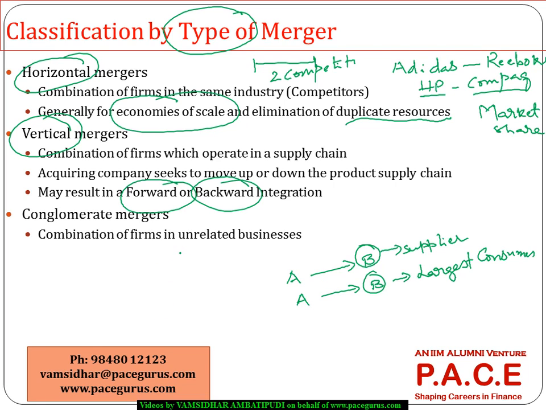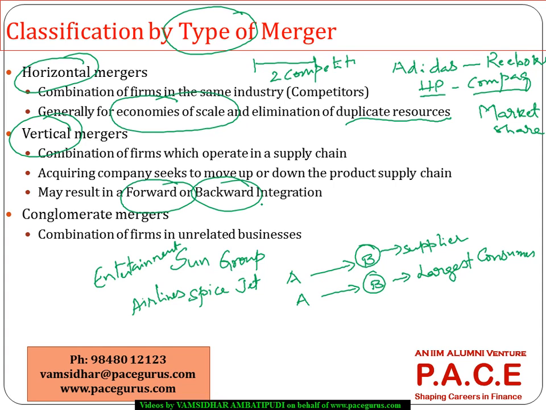Probably the Sun Group acquiring SpiceJet Airlines. The Sun Group is more into the entertainment industry, whereas SpiceJet is into airlines. May or may not have any kind of industry relationship. So when these two kinds of firms merge together, it's an example of a conglomerate merger.